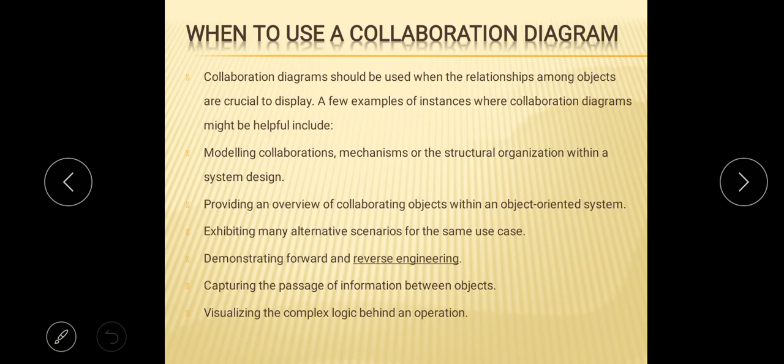A few examples of instances where collaboration diagrams might be helpful include modeling collaboration mechanisms of the structure organization within system design, providing an overview of collaborating objects within an object-oriented system, exhibiting many alternative scenarios for the same use case, demonstrating forward and reverse engineering, capturing the passage of information between objects, visualizing the complex logic behind an operation.